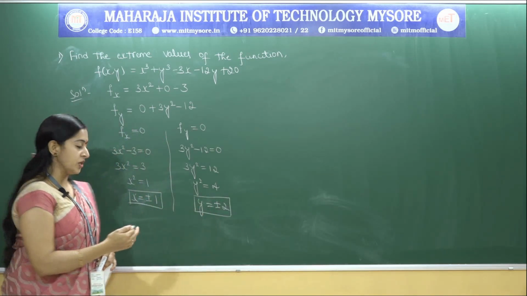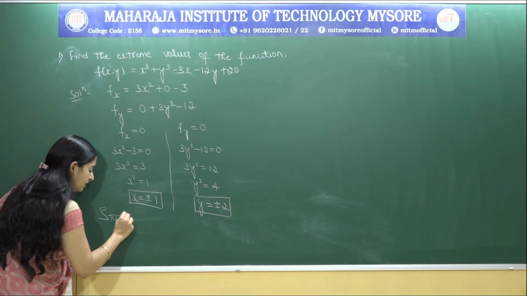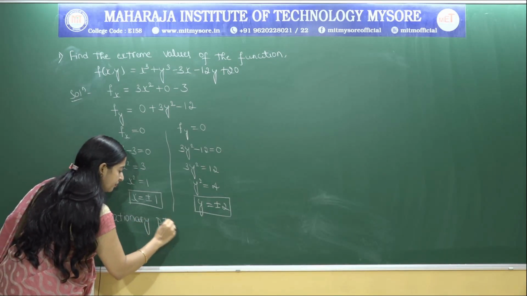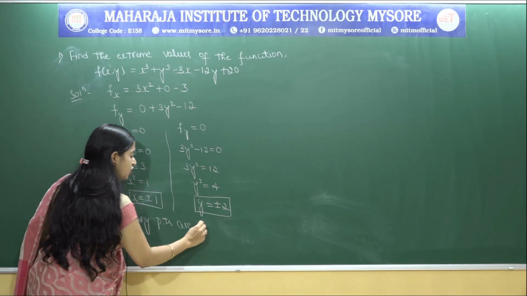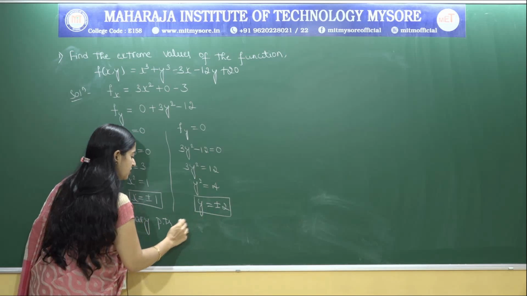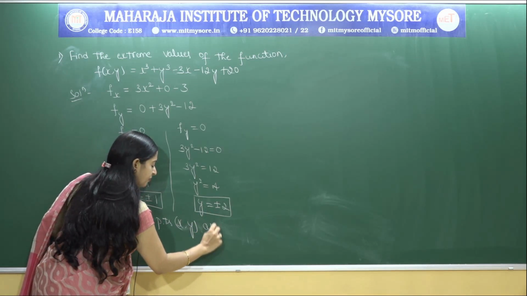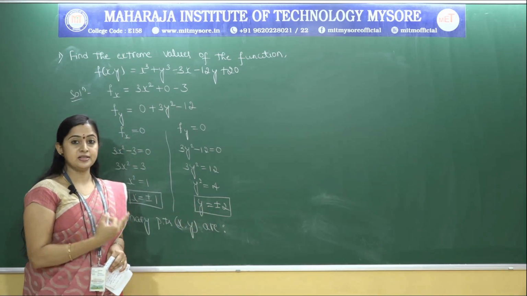Next, write the stationary points. Therefore, the stationary points are, you have to write the stationary points in order, as the ordered pair (x, y).